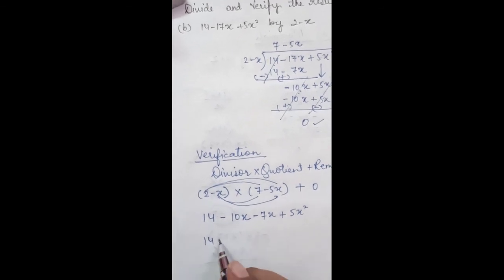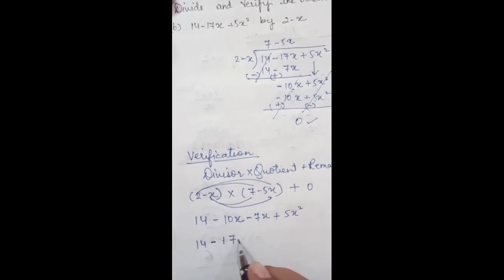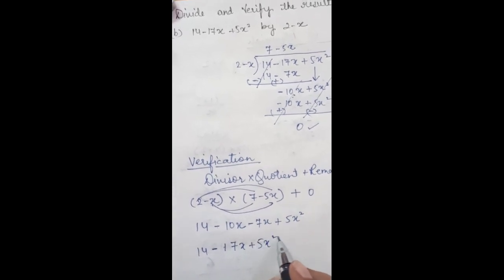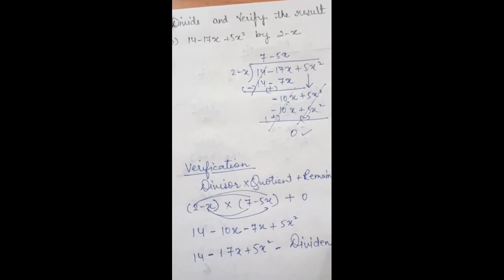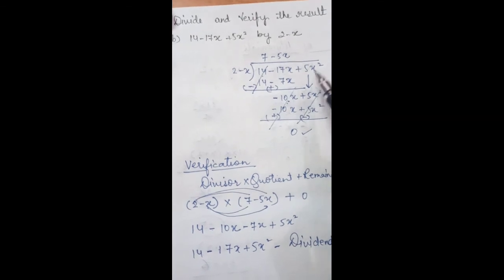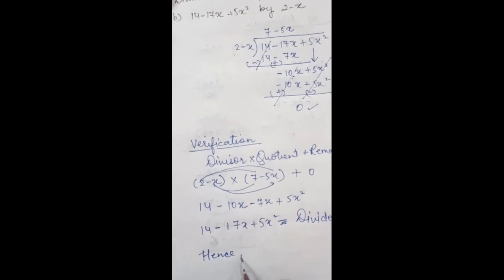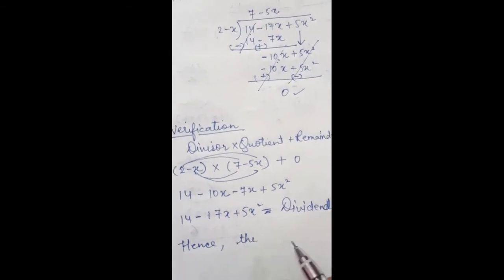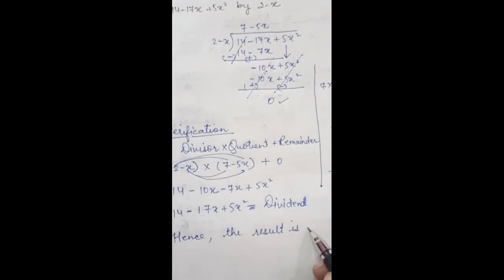Minus minus plus, we place the sign minus here, and then we add 10 and 7, we get minus 17x plus 5x square, which is equal to the dividend, right? Your dividend is 14 minus 17x plus 5x square. So this is equal to our dividend. Hence the result is correct.